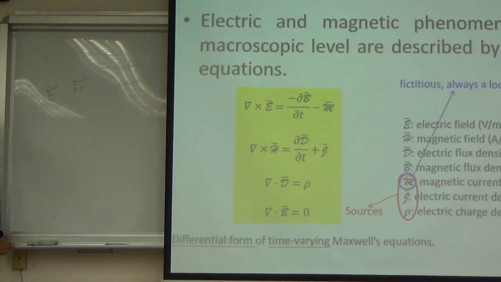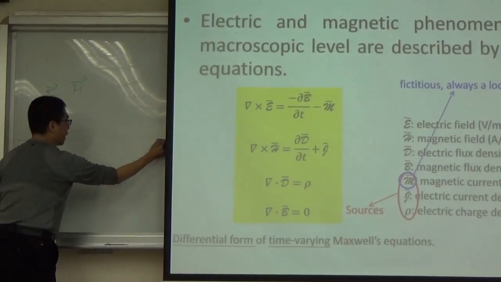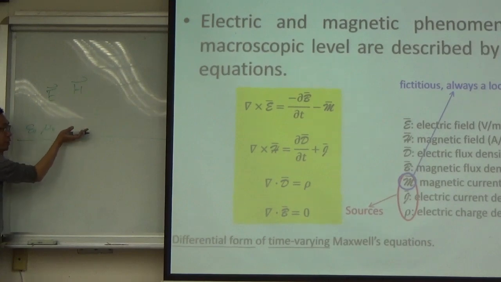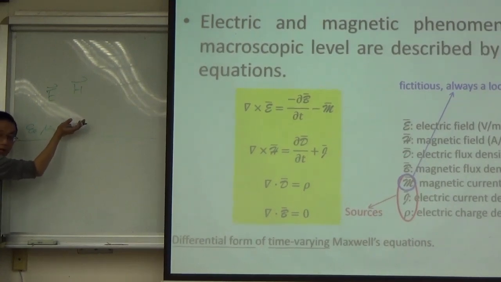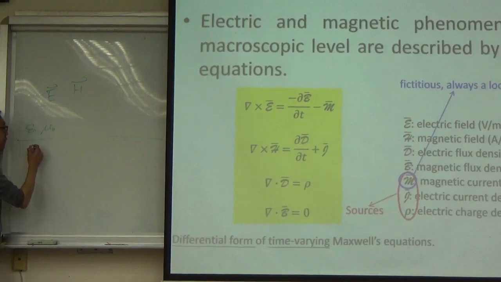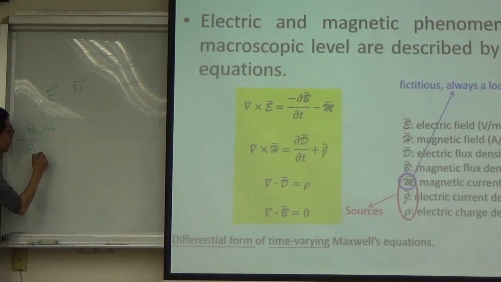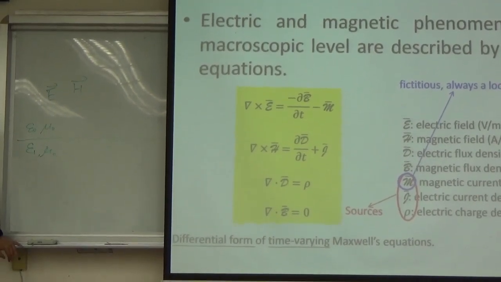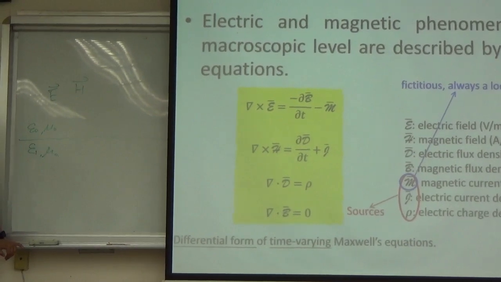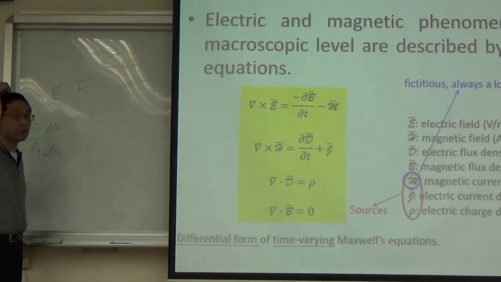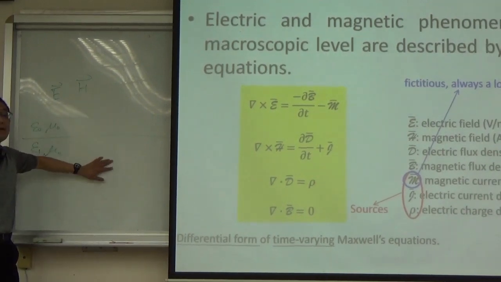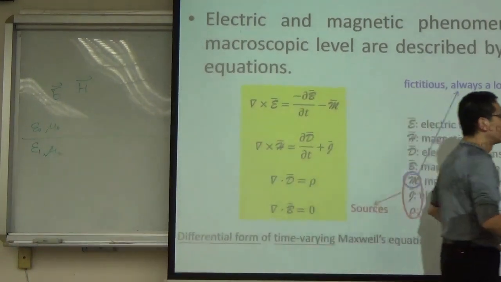What happens if there is a boundary here? You have air up to this boundary, but below this boundary we have something different. What happens? You can tell me that each side can use a different Maxwell equation, right?